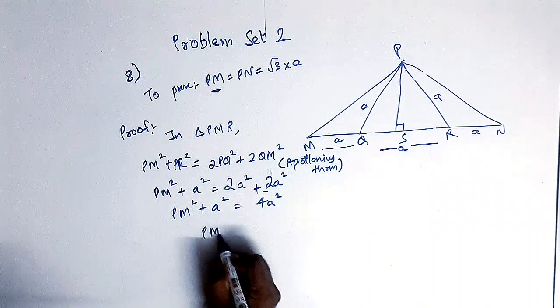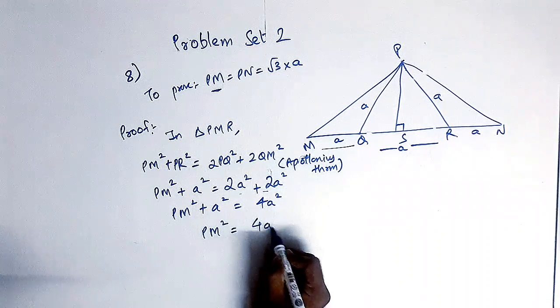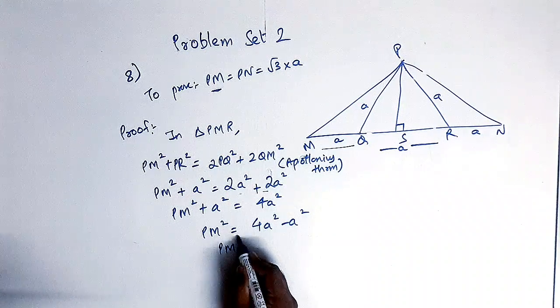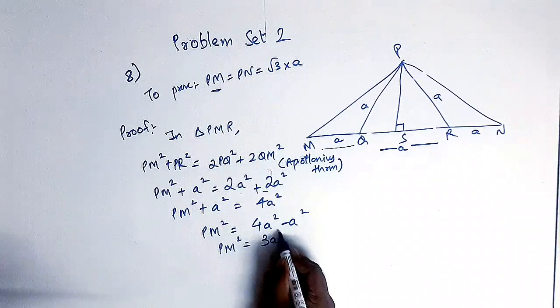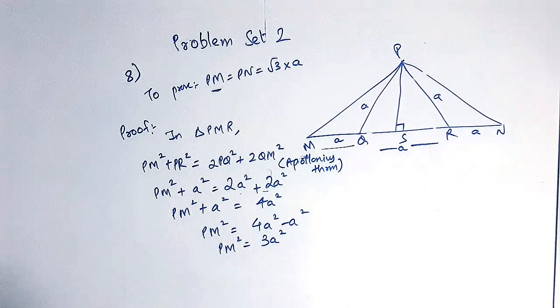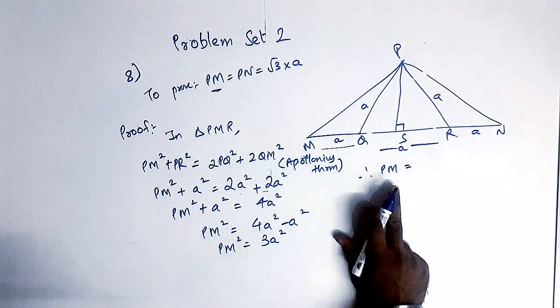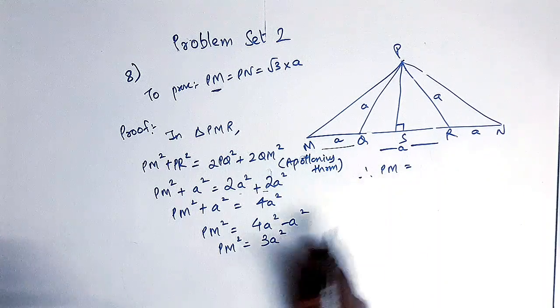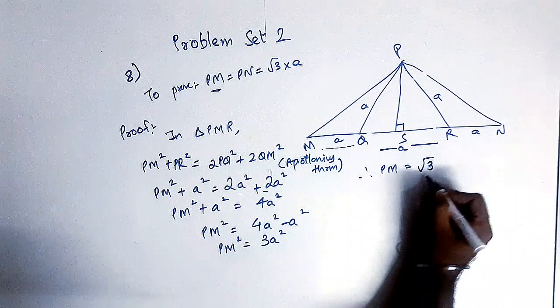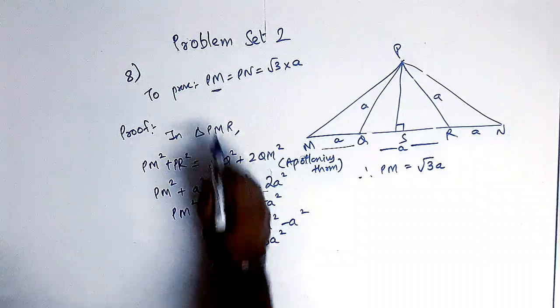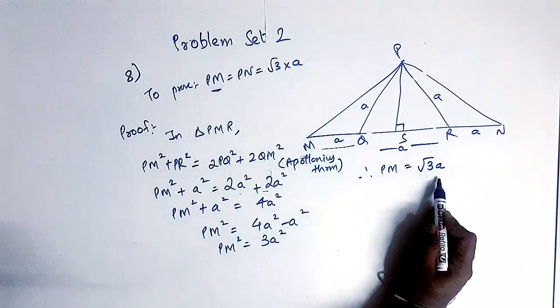Now I can solve this. PM square is equal to 4A square minus A square. So what it becomes? 3A square, correct? Therefore, if I take the square root, PM becomes root 3, A square will become A, correct? We got PM is equal to root 3A.